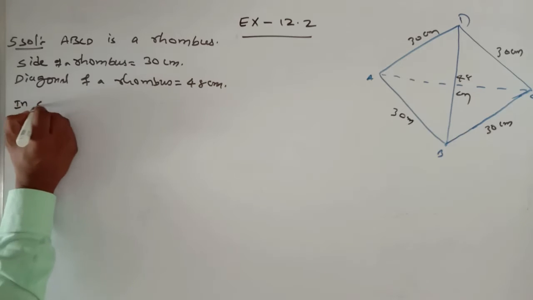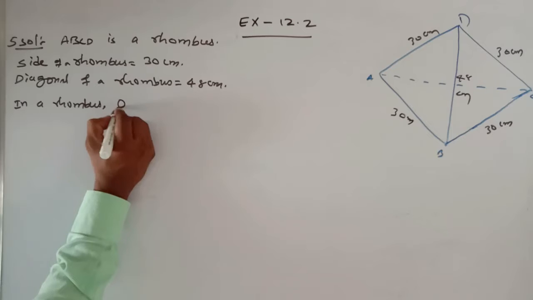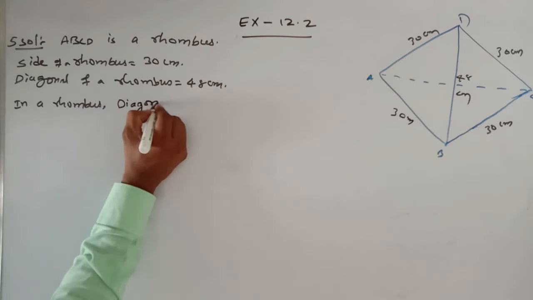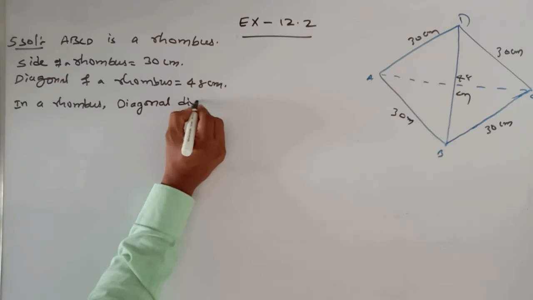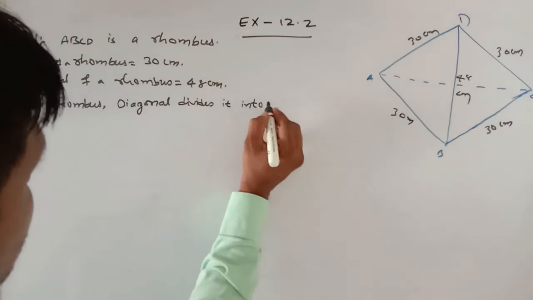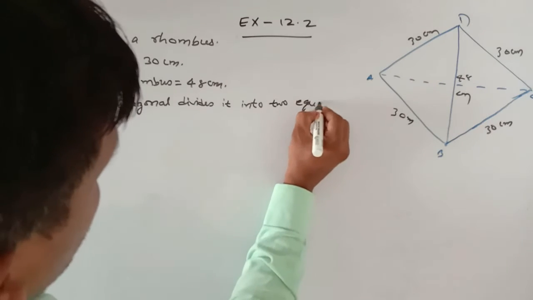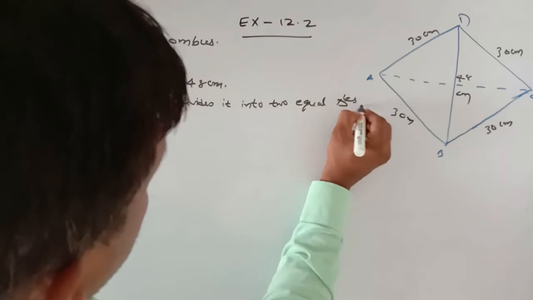In a rhombus, the diagonal divides it into two equal triangles.